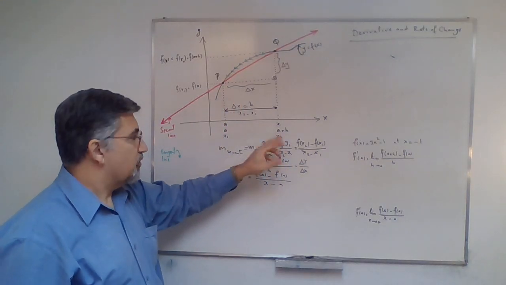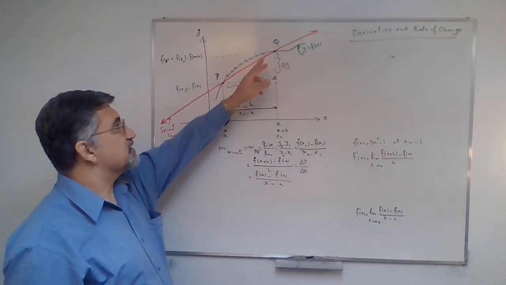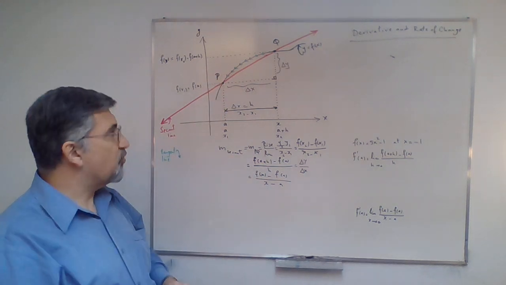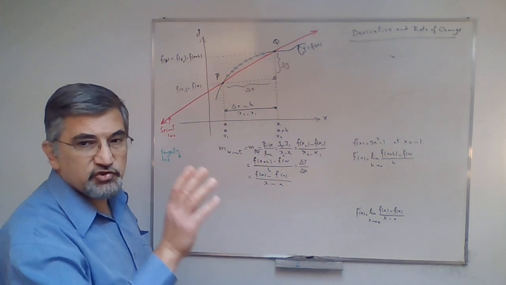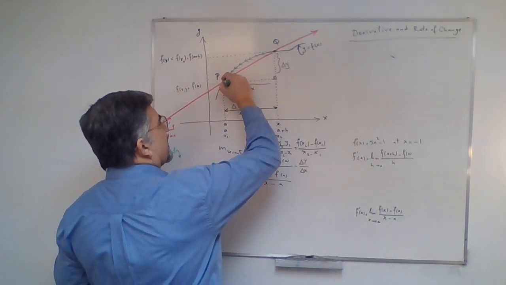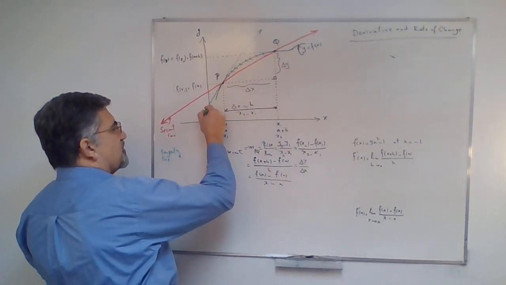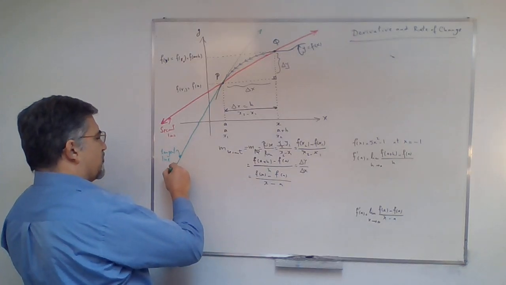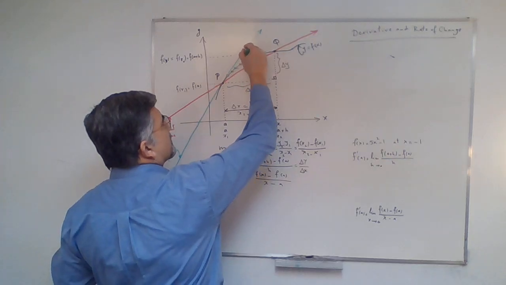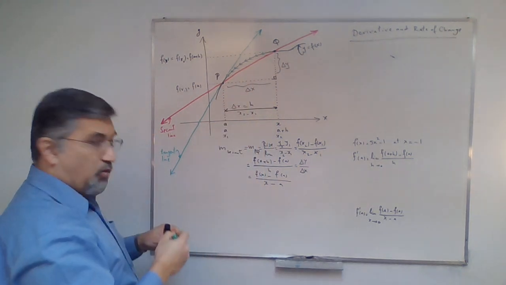What happens to x sub 2? Well, x sub 2 becomes closer and closer to x sub 1, naturally speaking, because point Q becomes closer and closer to point P. Now, if point Q is extremely close to point P, then this secant line will seem to intersect the graph at only one single point, which will be point P. So the two points P and Q become so close to one another that we can even consider them one point.